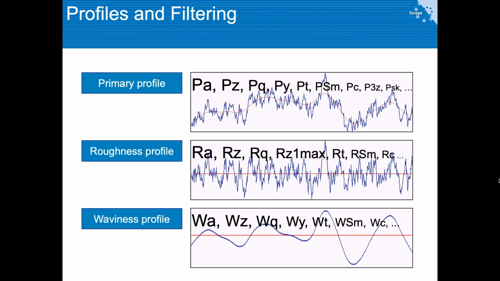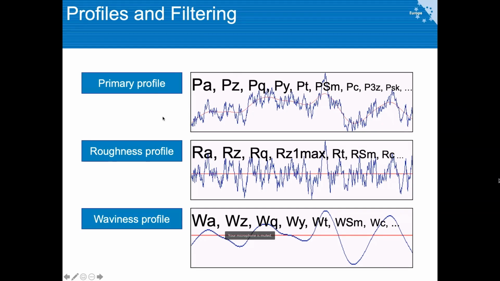The person who will actually perform the measurements will know either to filter off waviness and look at the roughness, or to filter off the roughness and look at the waviness, or that nothing needs to be filtered off and you are looking at the primary profile instead.